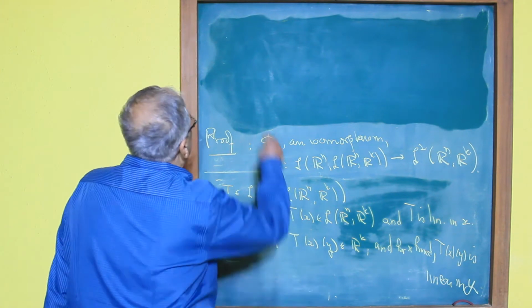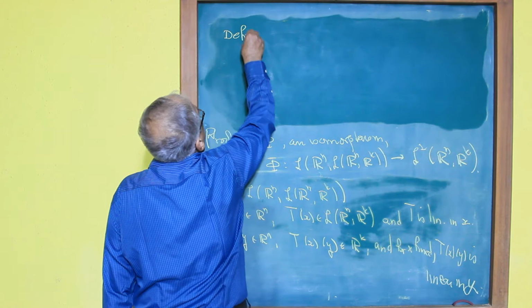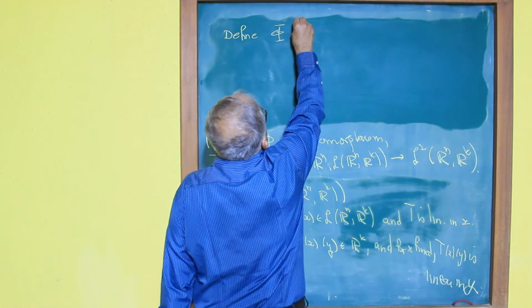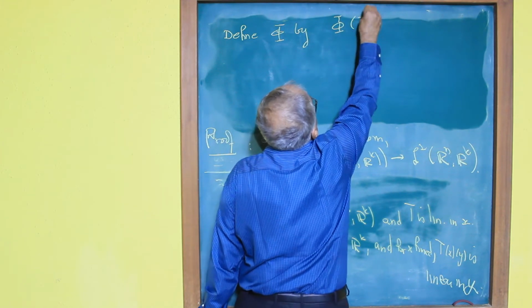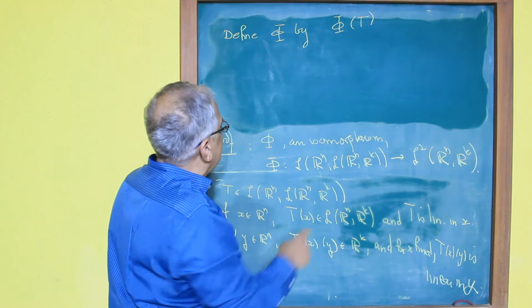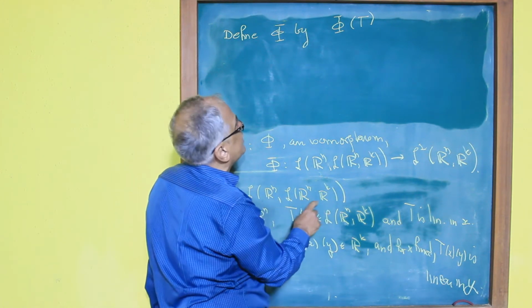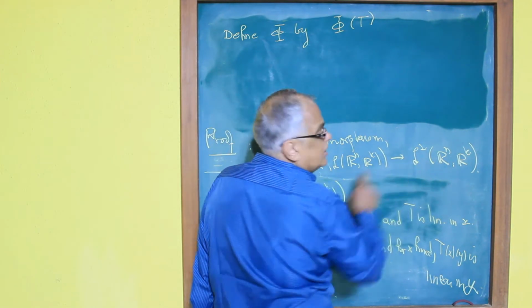Okay? So I want to define phi. Define phi by phi of T. T is in linear maps from Rn to linear maps from Rn to Rk, and phi of T should be in bilinear maps.